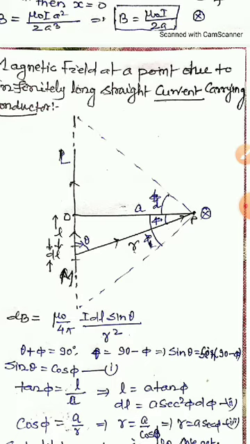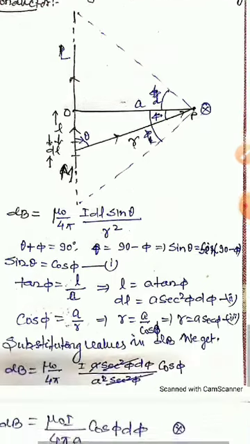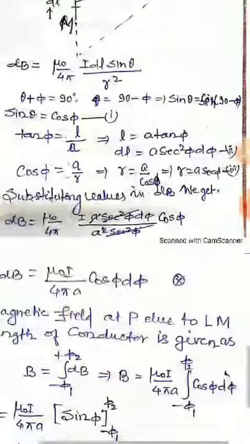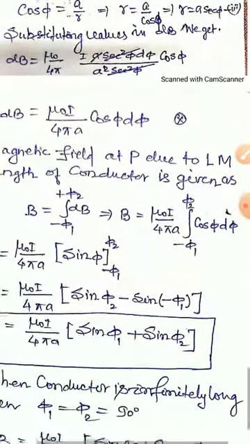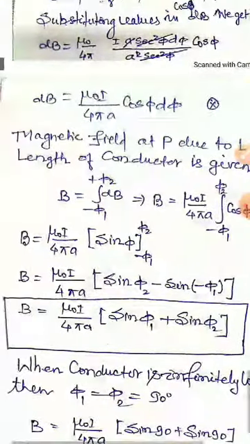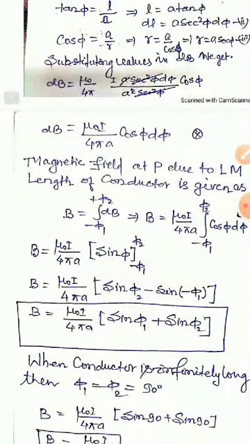So it is to be integrated from minus phi 1 to plus phi 2. So after integration and substitution of the limits, we will get B is equal to mu naught I by 4 pi A (sine phi 1 plus sine phi 2). You know the integration very well.